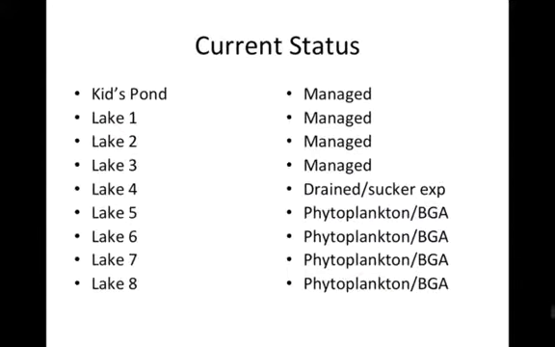So this is our current status of our lakes as we see it. The Kitty Pond through Lake 3 are well managed with controlled suckers and weeds. Lake 4 was completely drained as part of a sucker experiment to determine if sucker biology is dominating that lake.